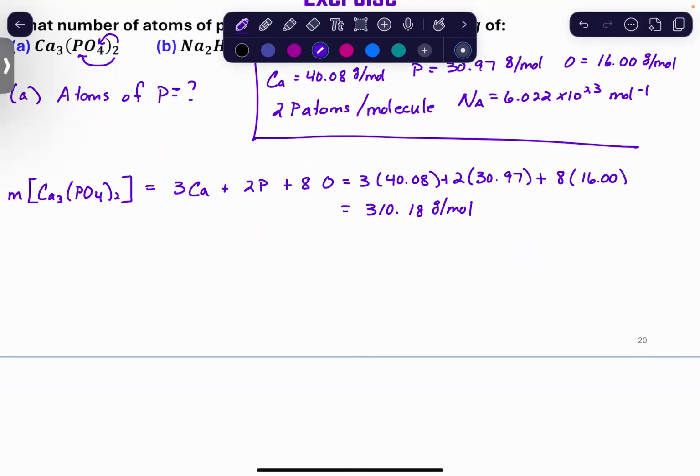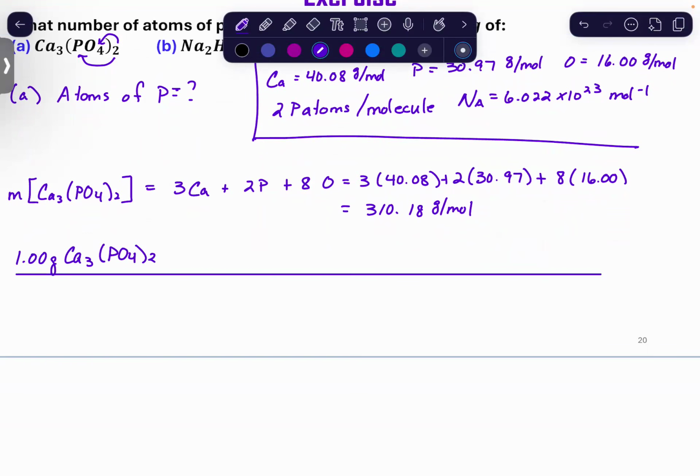So again, we start with our 1 gram calcium phosphate. So I want to go grams to moles. So I'm going to divide by the molar mass, grams per mole. Grams is going to cancel.